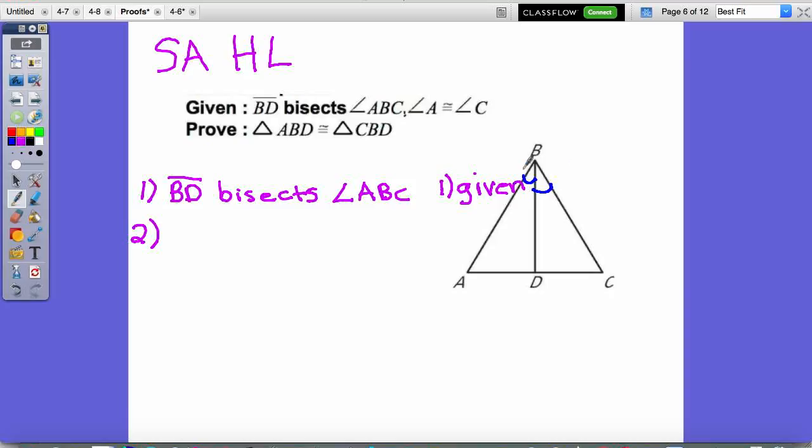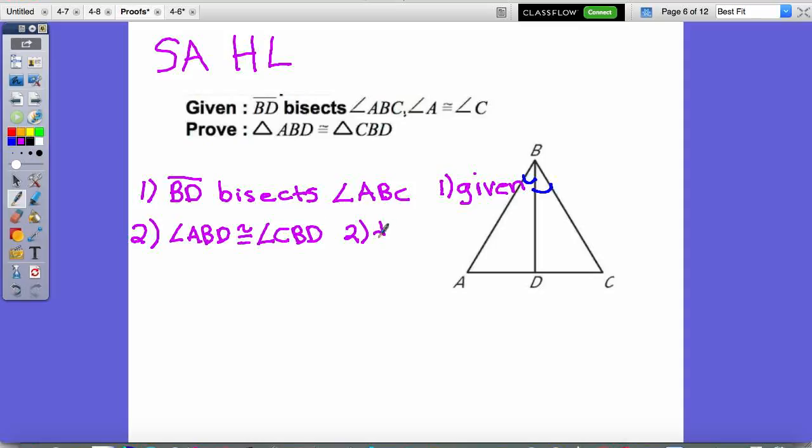And trying to figure out what order I should put these letters, I see that eventually I want to prove triangle ABD is congruent to triangle CBD. So I'm going to use those same order of letters. And I'm going to write that angle ABD is congruent to angle CBD.